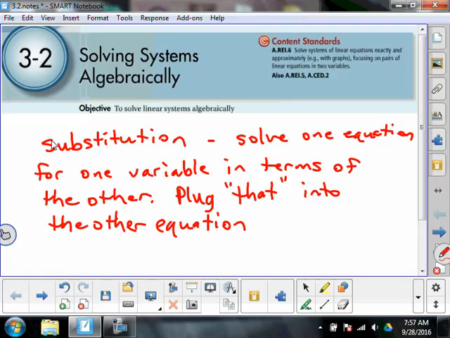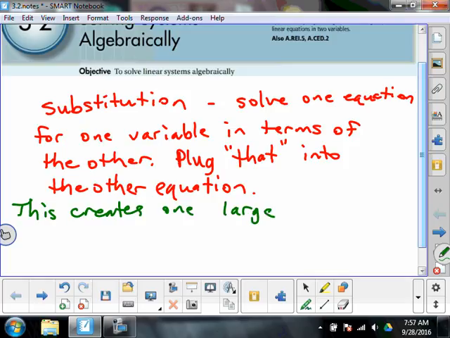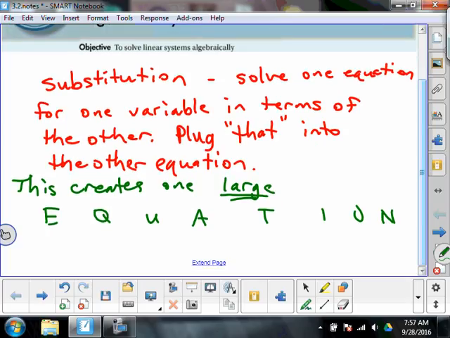So when you do this, you're going to have a really long, drawn-out, horizontally big equation. It's going to create one large equation, and that large equation is going to have just one variable in it.